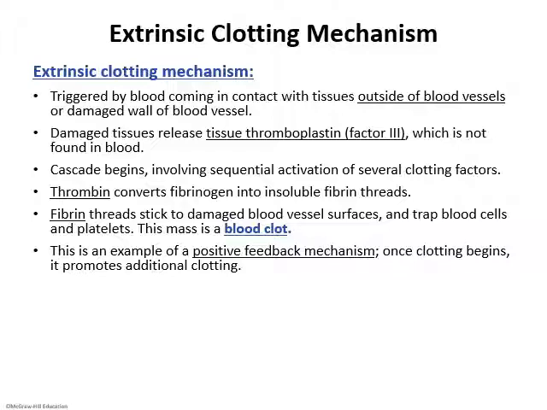Okay, the fibrin is going to trap all of the different blood cells and platelets, forming a blood clot, and this is going to stay there until the tissue has sufficiently healed. This is an example of positive feedback. So the more you start to clot, the more your body wants to clot, and that's not good. So in a few slides, we'll talk about ways that the body actually prevents the clotting from starting like a runaway process.